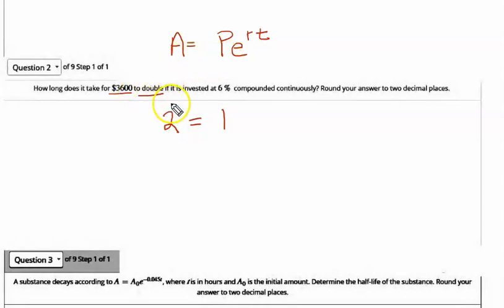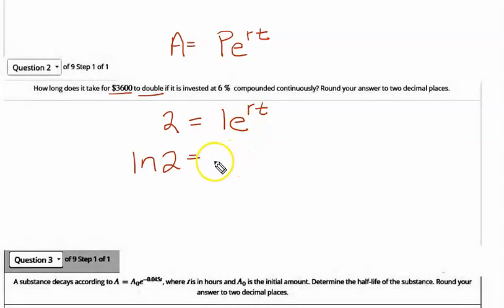That's a little shortcut for doing things like this. And then we have Euler's e, and then rt. And we're looking to solve for t. Now we do know some things already. Let's put in there what we can. This side's going to be 2 that we're going to take the natural log of.